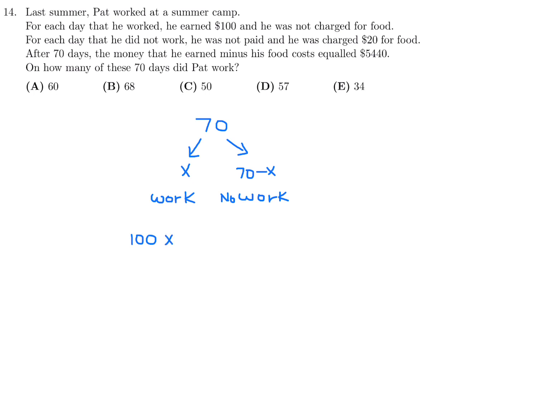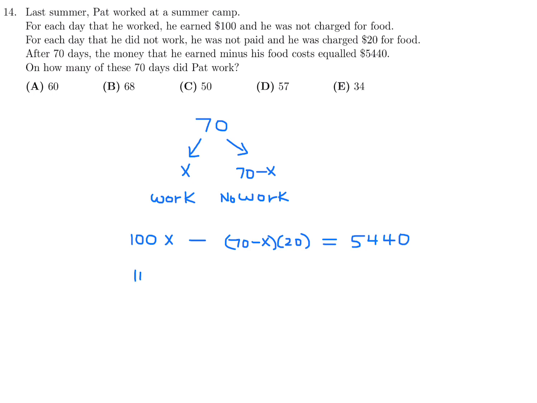The days he does not work, which is 70 minus x, he gets charged $20 for some reason for food. So we obviously have to take this and subtract from it this. So there we go. Put a subtraction sign and that equals 5,440. So this is the math we have to solve.